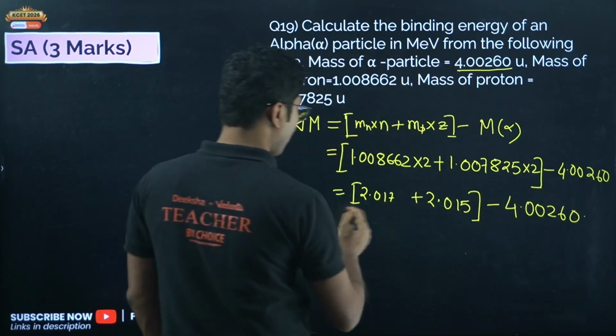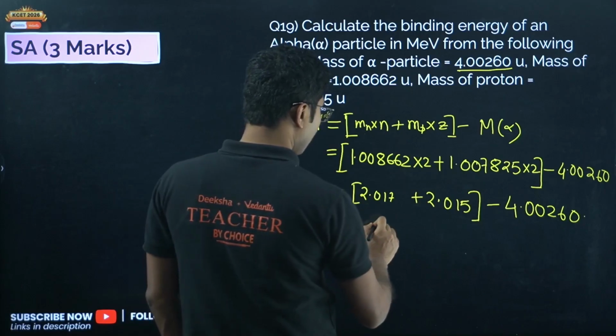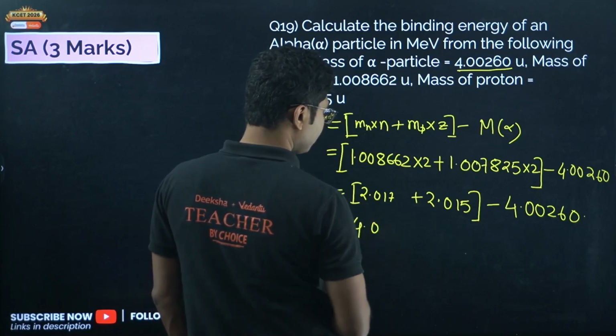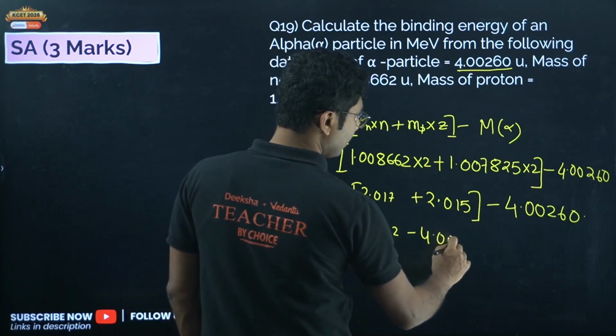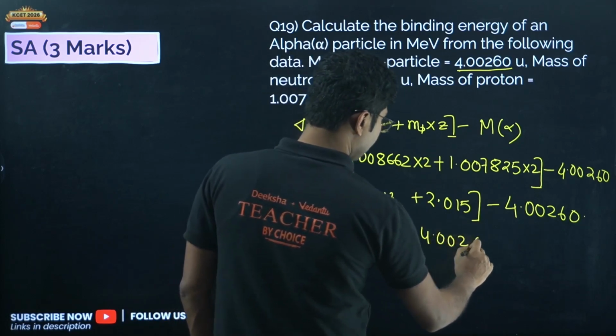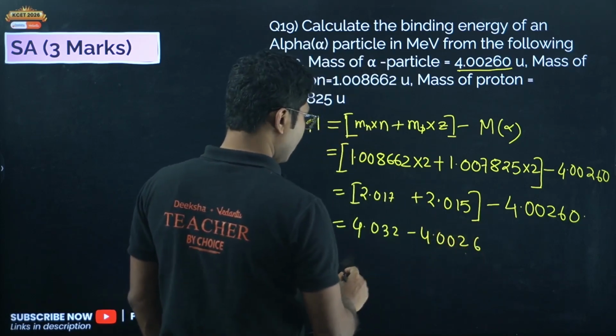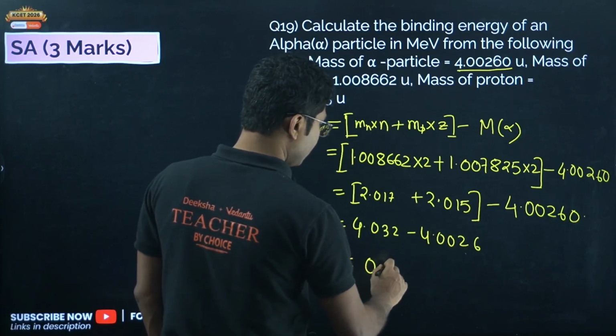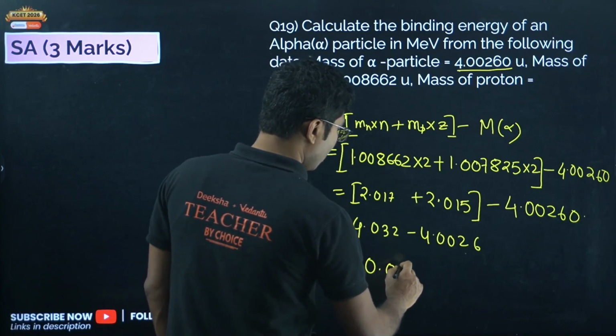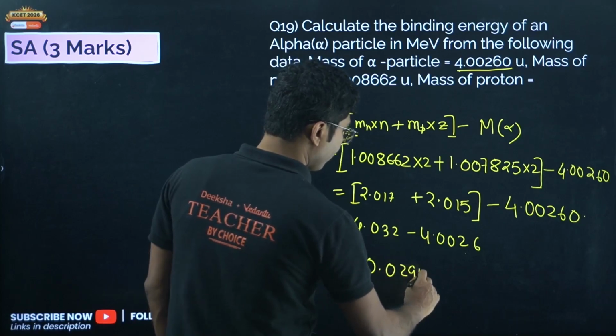4.00260, if you add it, you will get 4.032 minus 4.0026. So it will be approximately 0.0294.